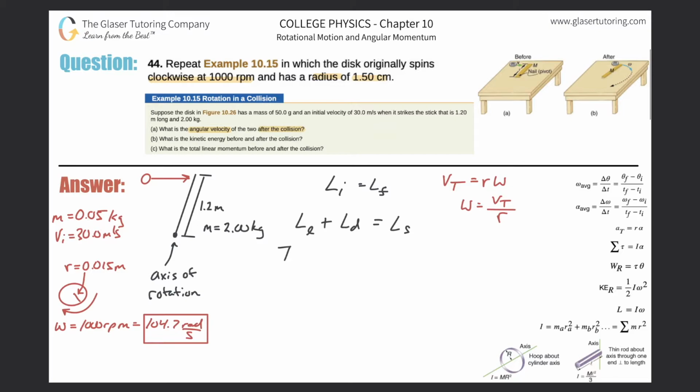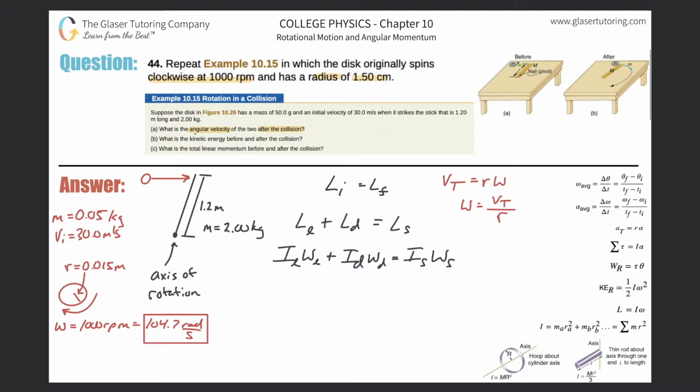The moment of inertia for the disk, as part of the linear part, multiplied by the angular velocity of that linear part, plus the moment of inertia of the disk multiplied by the angular velocity of that rotating disk, will equal the final moment of inertia of the total system multiplied by the angular velocity of that total system.